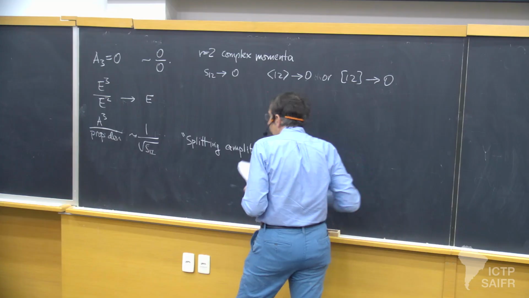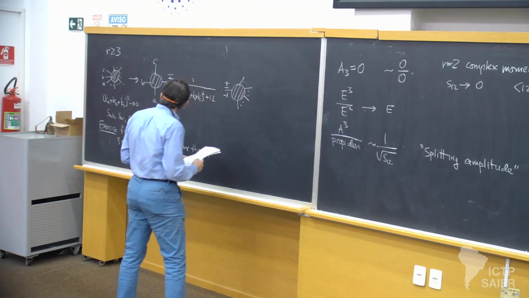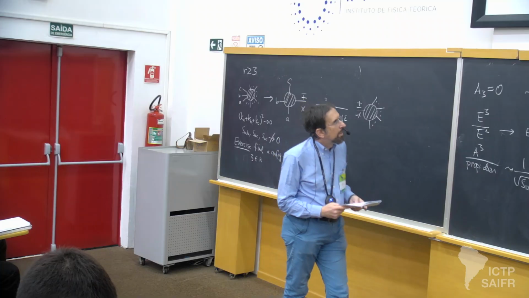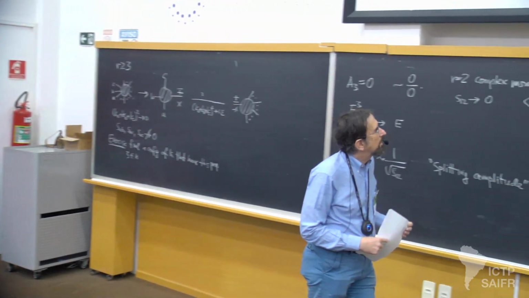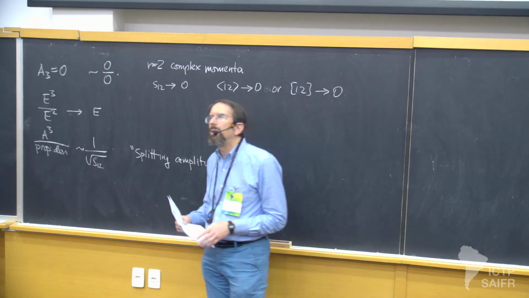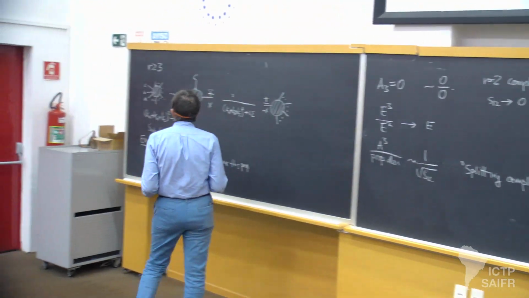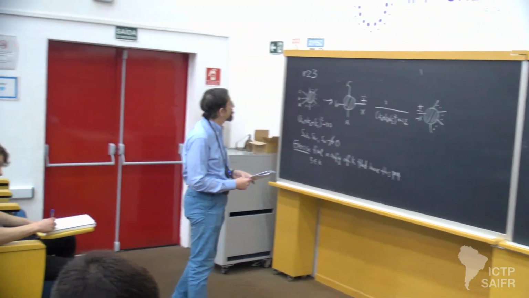And these will be two different limits. So that's how factorization works, and there's a small subtlety with factorizing 2 particles off.